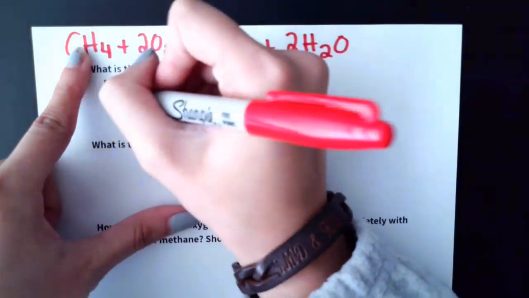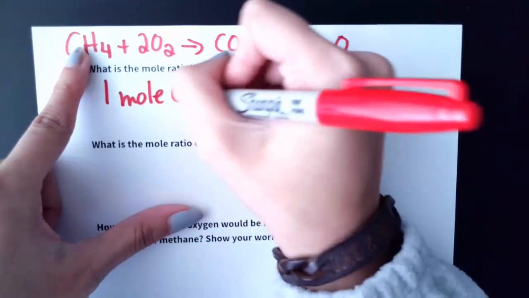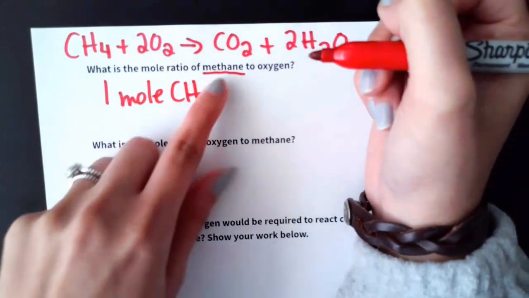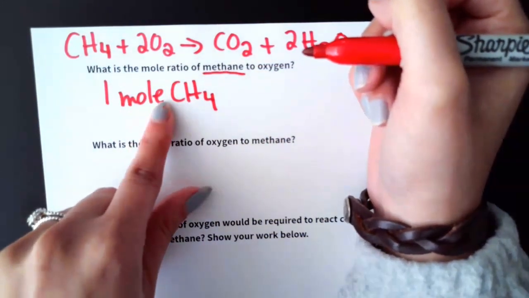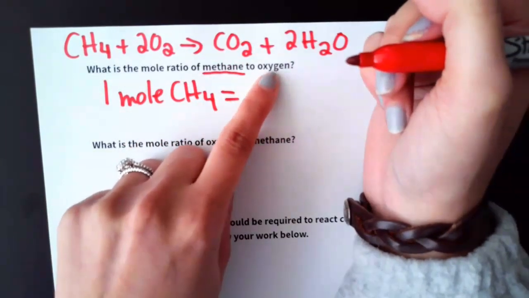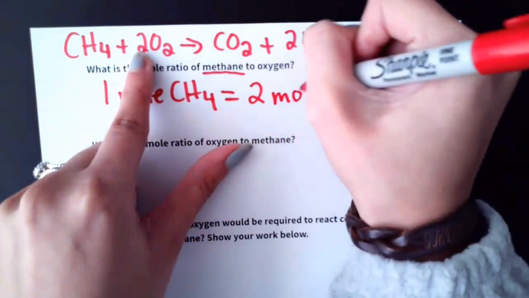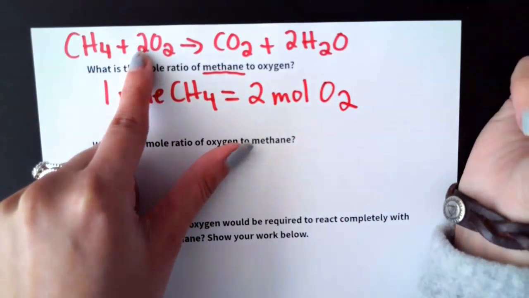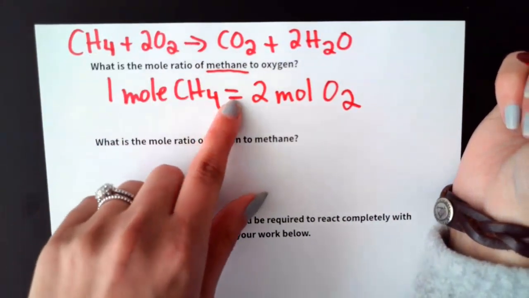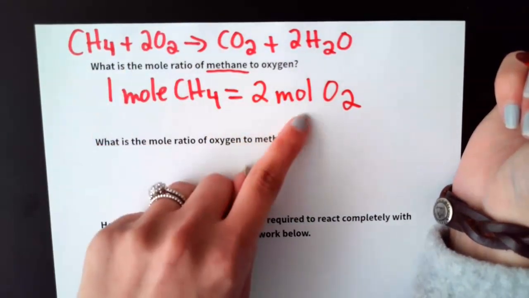So 1 mole of methane. And notice that whatever comes first, that's what I'm writing down here. Equals oxygen, 2 moles of O2. So again, 1 mole of CH4 equals 2 moles of O2.